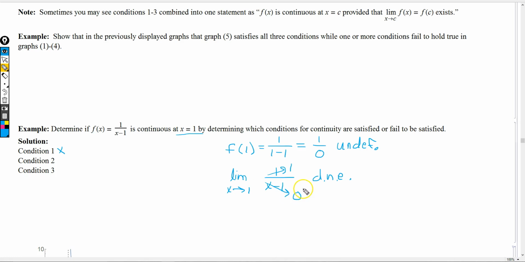Well, it depends, either from the right or the left it's approaching 0, depending on which side x is approaching 1 from. And so this limit is going to DNE. So number 2 is not satisfied, and then number 3 can't be satisfied because f of 1 is undefined and the limit does not exist as well. So this function is definitely not continuous at x equaling 1. Here's what its graph looks like.